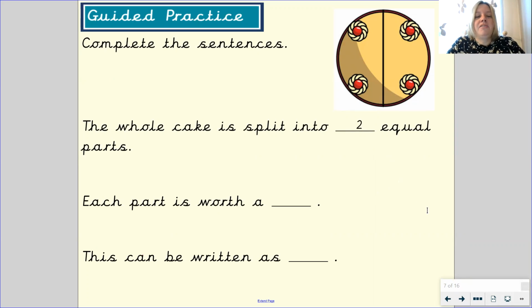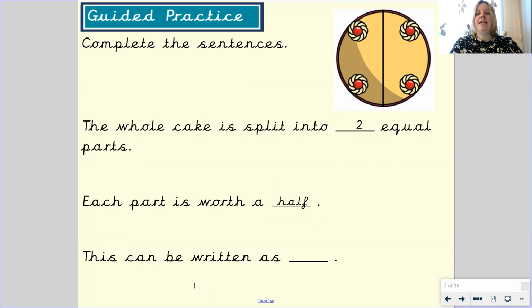Then it asks me what each part is worth. Each part is worth a half. So here I would write half in words. This can be written as.